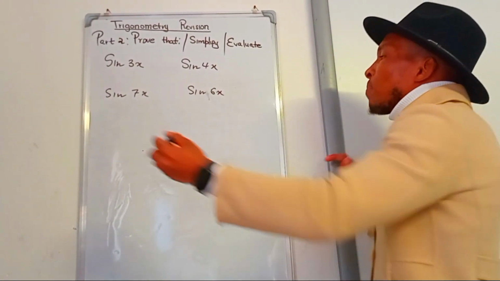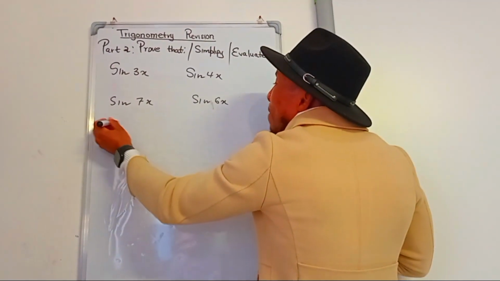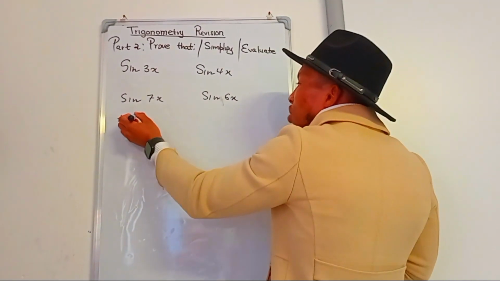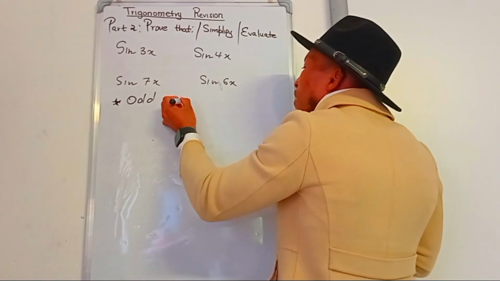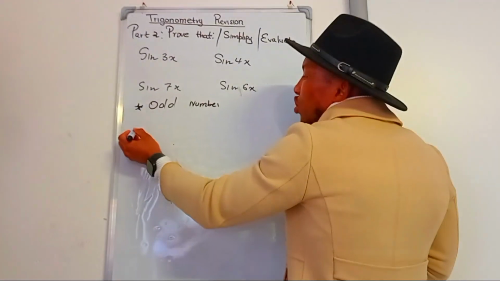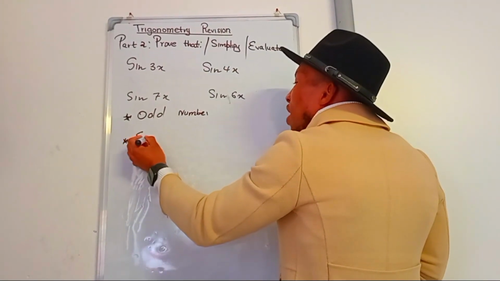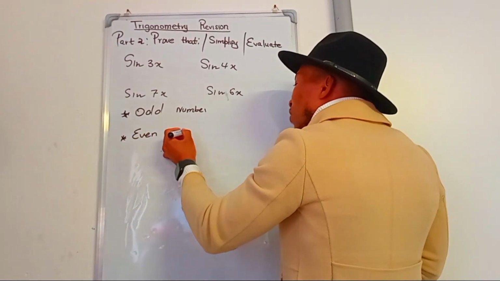Remember, we have two kinds of numbers in mathematics: odd numbers and even numbers. It's very, very important.